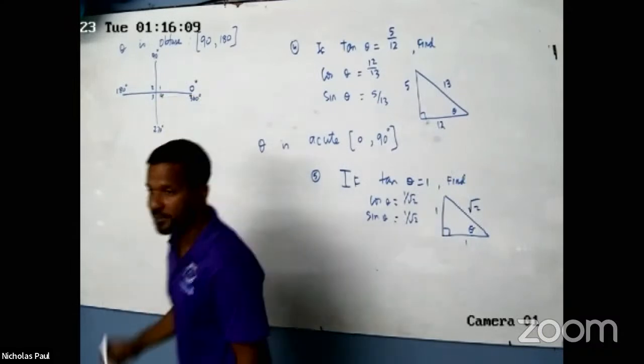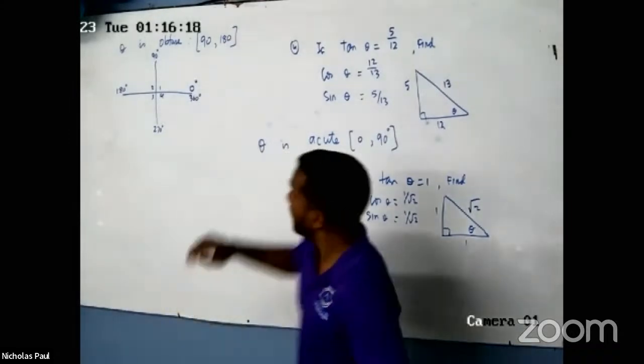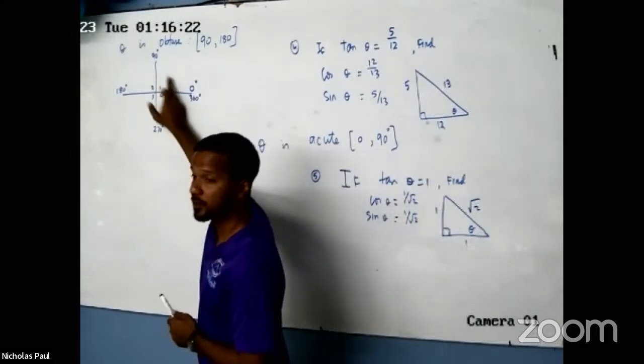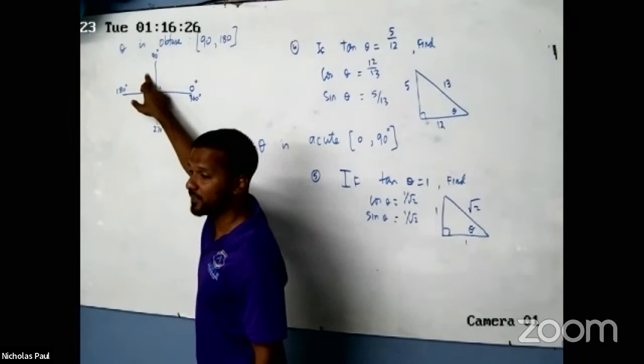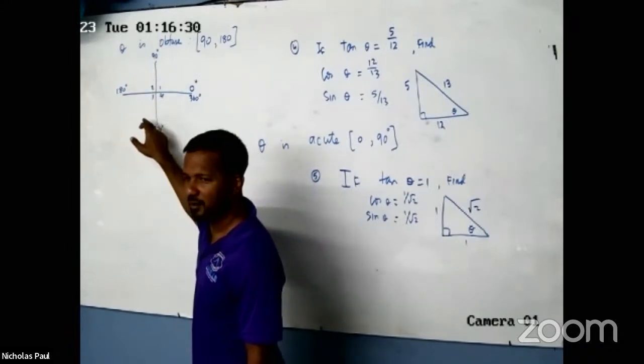So if I ask you now to take a circle and split everything up into 4, this is what you will do. You'll put them into 4 quadrants. Your first quadrant is 0 to 90. That is where everything is acute. 90 to 180, where everything is obtuse. Another one of them is reflex.